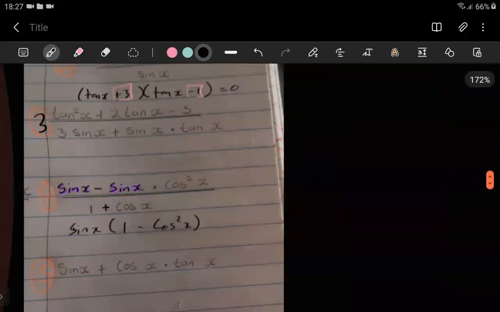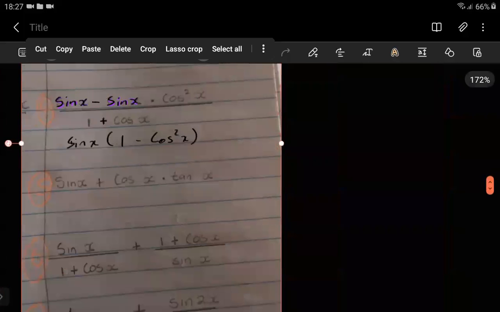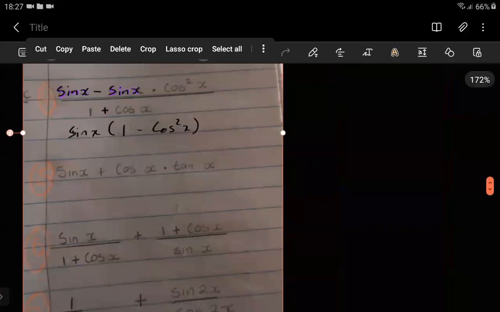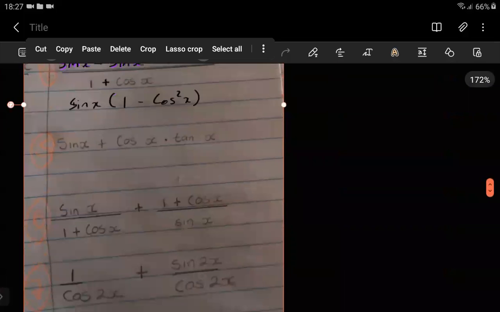So at the bottom, what did we have? We took out the sin x as a common factor here.